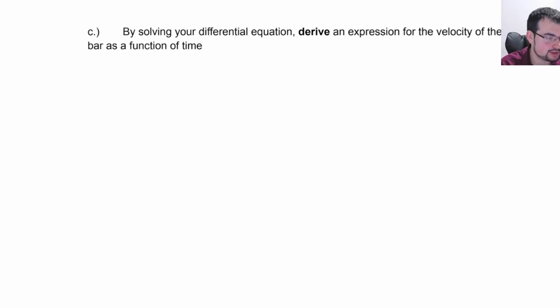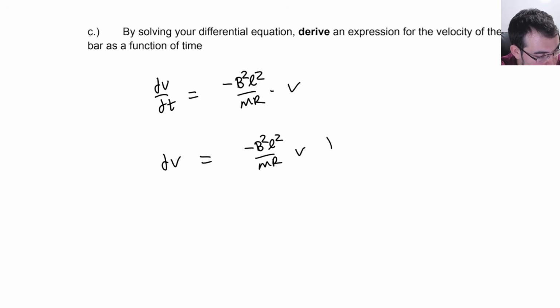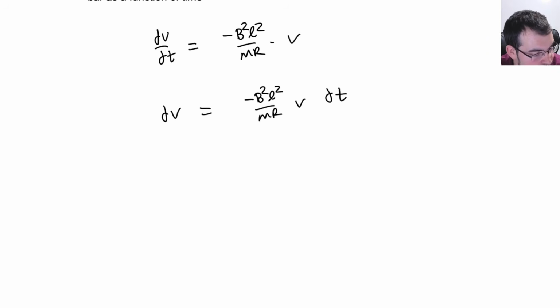By solving your differential equation, derive an expression for v as a function of time. Okay. Well, we have dv/dt equals negative B squared L squared over mR times v. So I can send the dt over to one side. But I also need to separate and get the v on its own side, so I can divide by v.